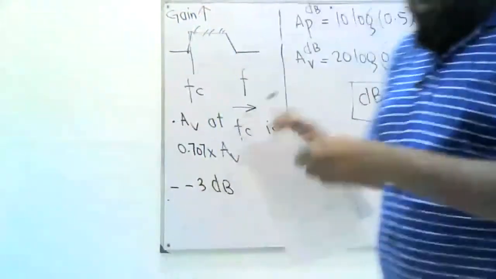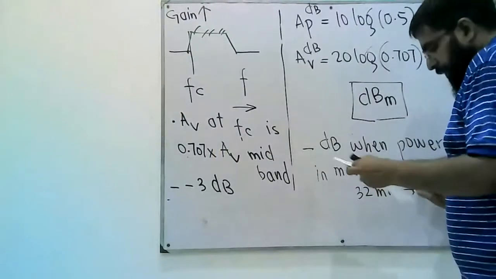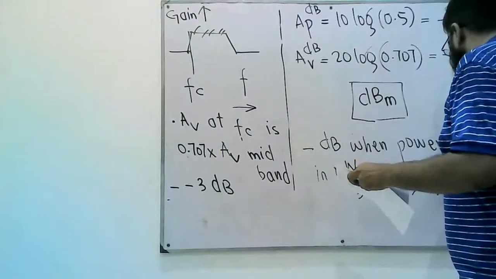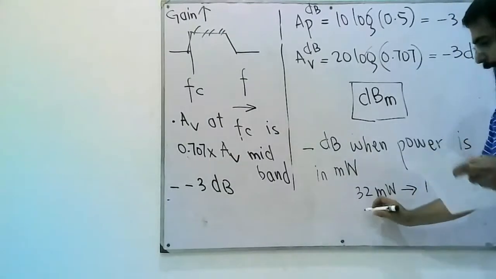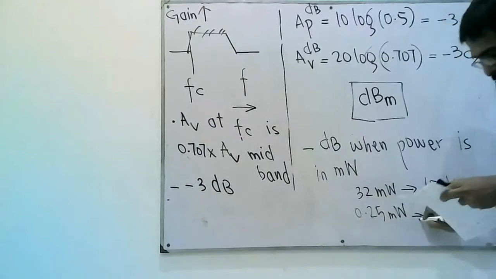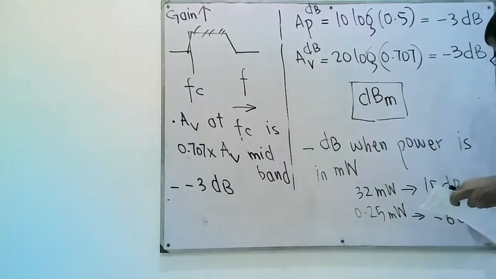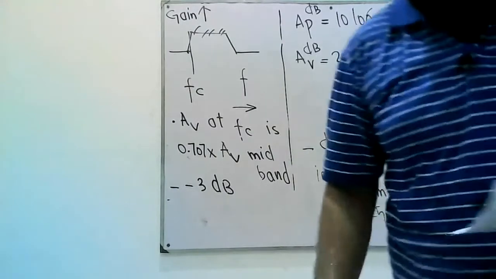For example, for 32 milliwatt power, we convert it to a value that is 15 dBm. And for 0.25 milliwatt power, this is minus 6 dBm, because the gain is lesser than 1.